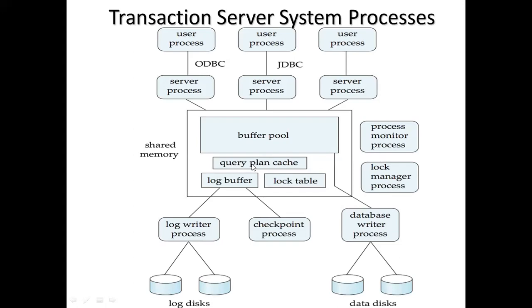Next time, when the same query request comes from the server side, it can be retrieved from here. The main purpose of the query plan cache is that you can access the data fast.